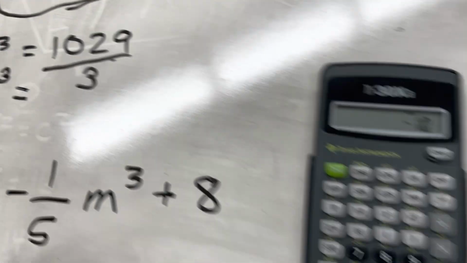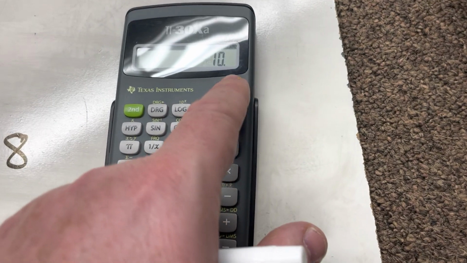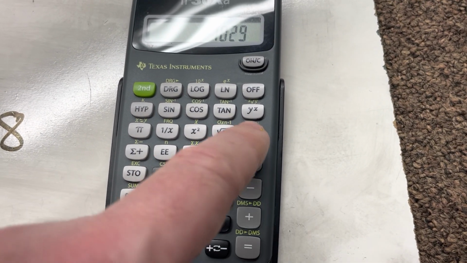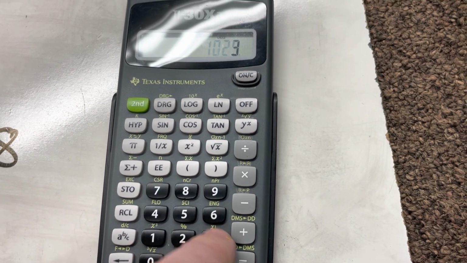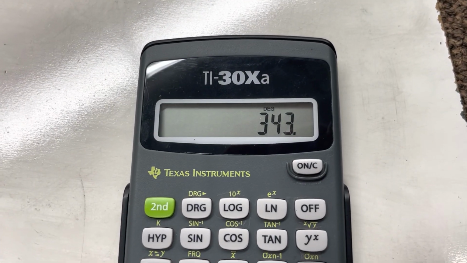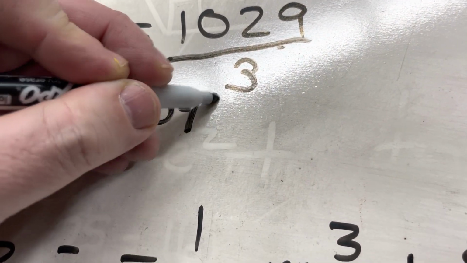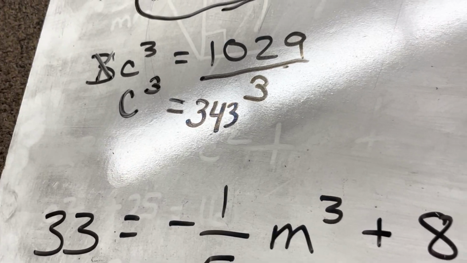divided by 3. I'm going to come over here to my calculator, clear it out. 1,029 divided by 3 equals 343. So c to the power of 3 equals 343. Okay?